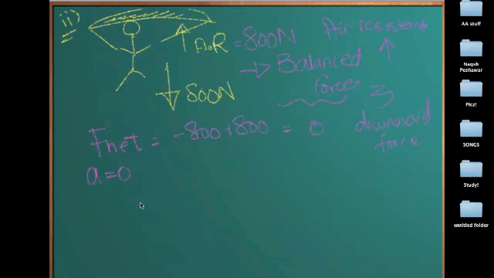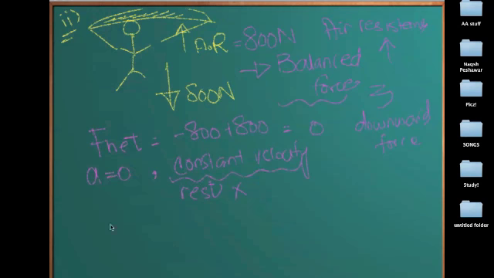We know that when the acceleration becomes 0, either the person is moving at a constant velocity or he is at rest. In this case, since he is falling, he is not at rest. That means he is at a constant velocity.